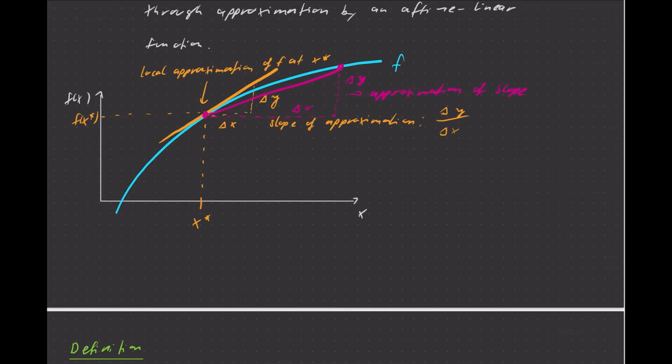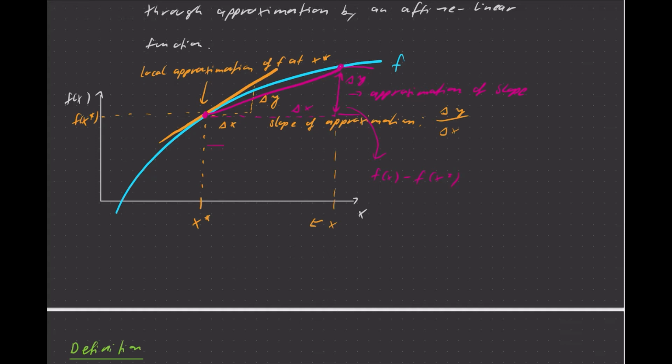So what we do is we compute this as delta y, and as you can see, the value here is f at the point x star. The value here is f at the point x. So this here would be the point x in our limit, and that moves towards x star. So this difference here, that difference, that is exactly f of x minus f of x star, right?